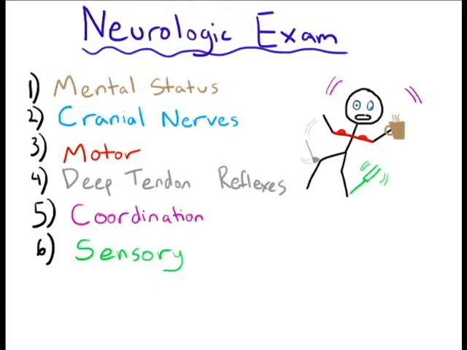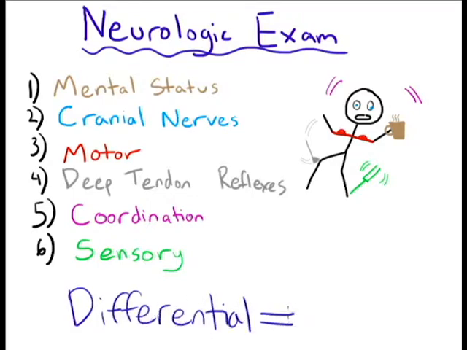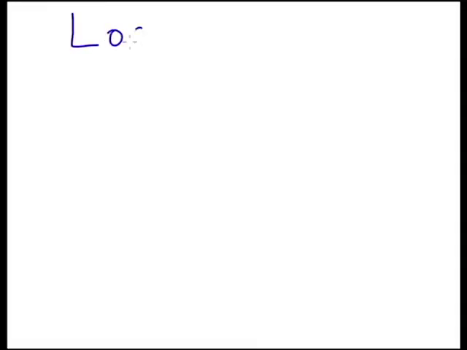As a physician, you will not have the time to perform every component of the neuro exam. Therefore, it is important to let your differential diagnosis drive which components of the exam you will perform. These exam findings are used to isolate locations where neurologic function is compromised, a technique known as localization.